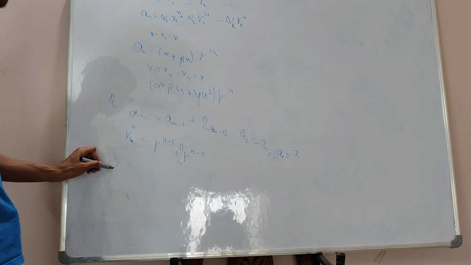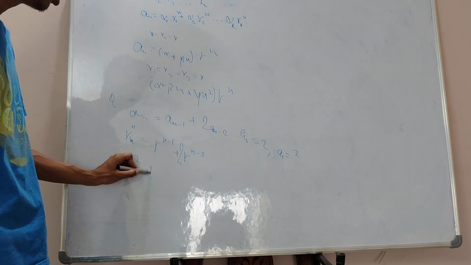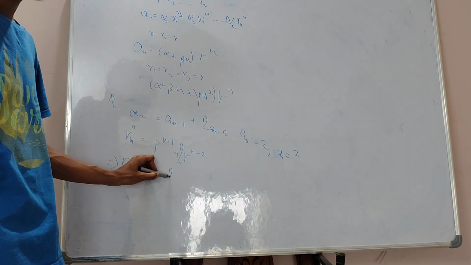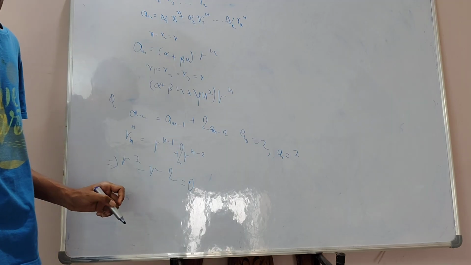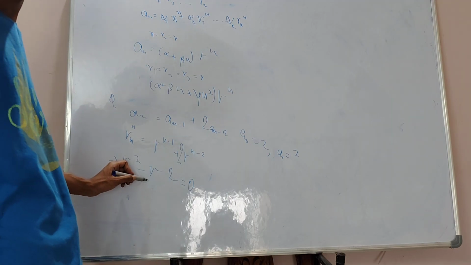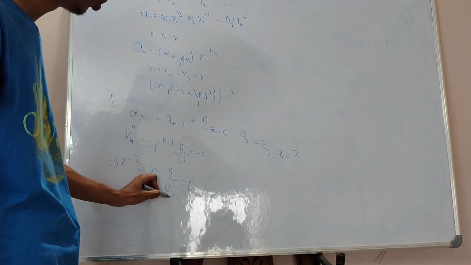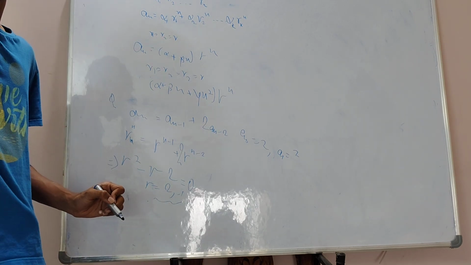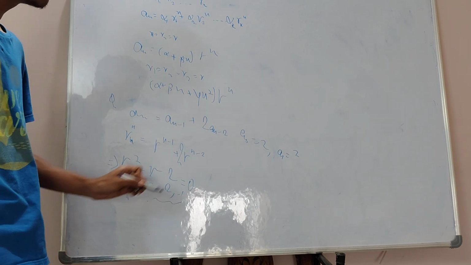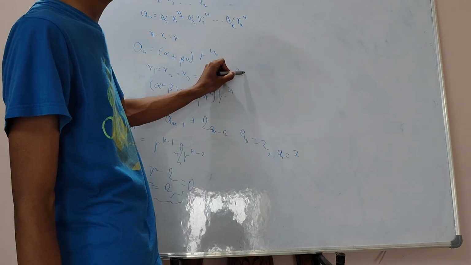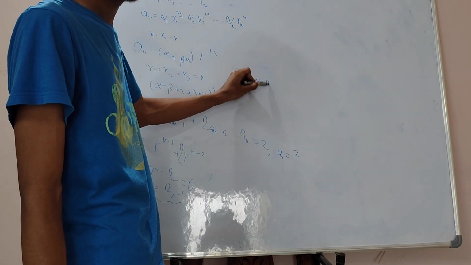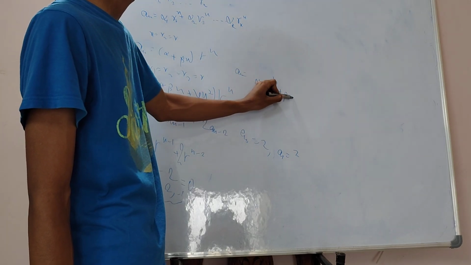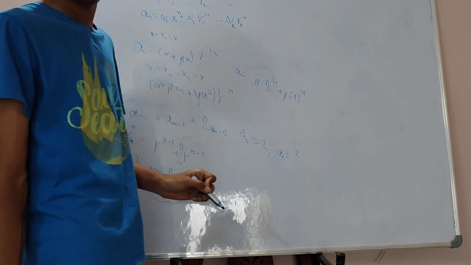So this will be simplified as r square minus r minus 2 equal to 0, right. So the solutions are r is equal to 2 comma minus 1, right. Now roots are distinct, so general solution will be given as a_n equal to alpha 2 to the power n plus beta minus 1 to the power n, right.